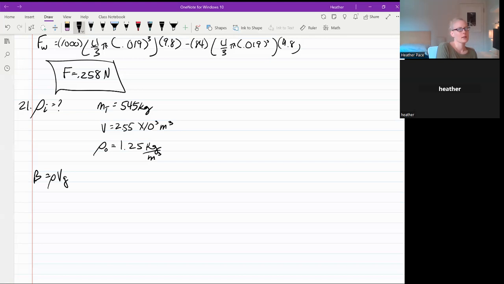But we know Newton's second law is F equals ma. So we're given the mass here, and we know acceleration is 9.8 meters per second squared towards the center of the earth. And the buoyancy is a force, and so the force is going to equal ma. So we can say that force equals ma equals rho V g.